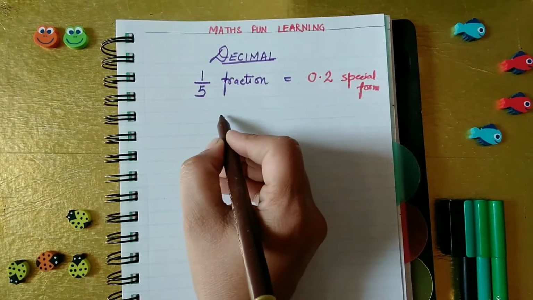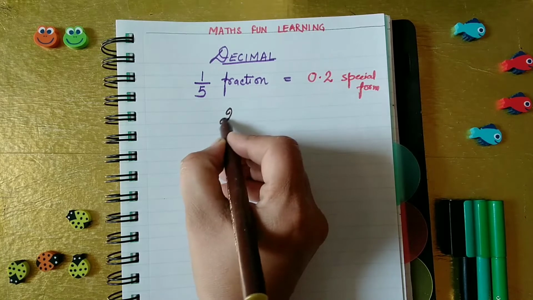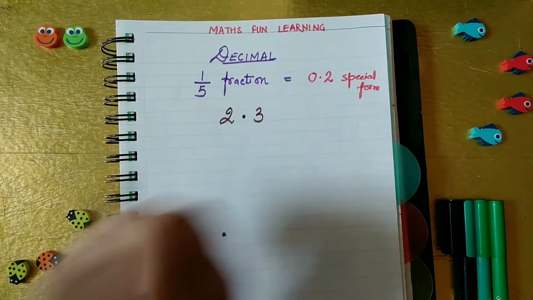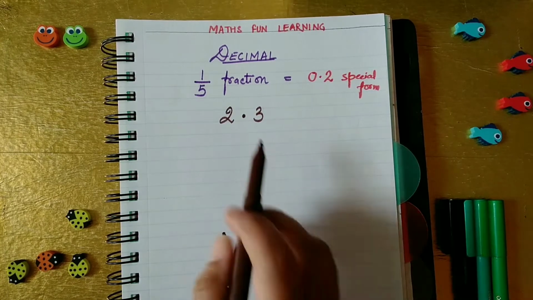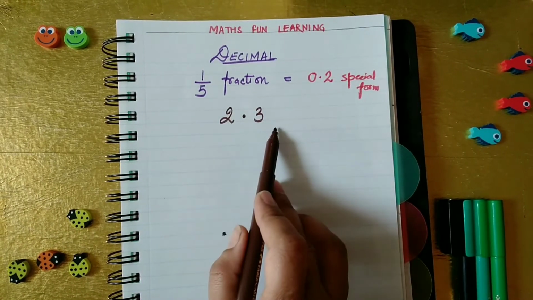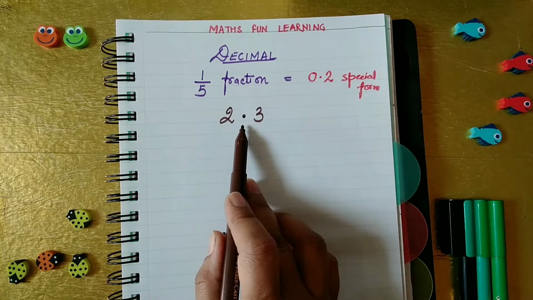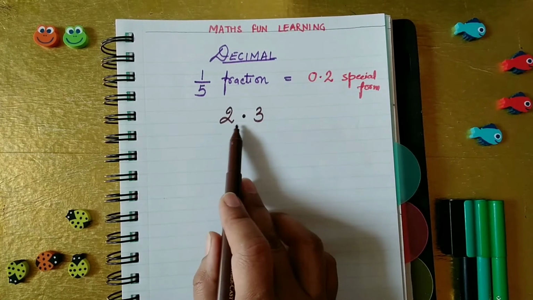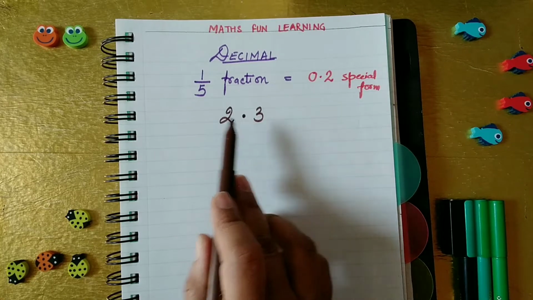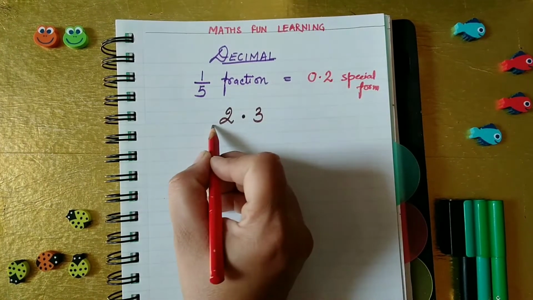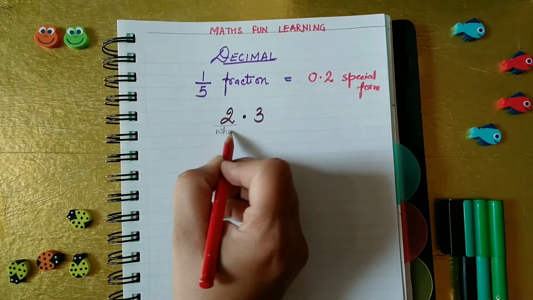Suppose I take 2.3. Here, two digits are separated by a decimal point. So 2 is here the whole.